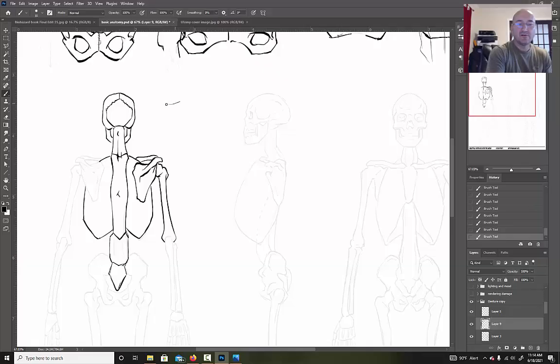The clavicle is that top bone that you feel on your shoulder up here. The scapula that sits behind it also has that spine ridge, but then it's got this little socket piece on it.